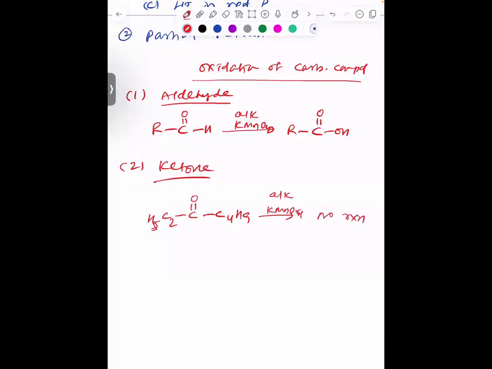So here it will be no reaction. Okay, in general, there will be no oxidation when ketones are exposed to the strong oxidizing agent.